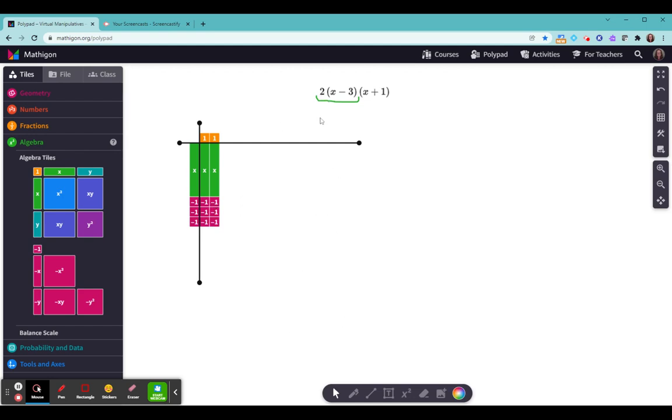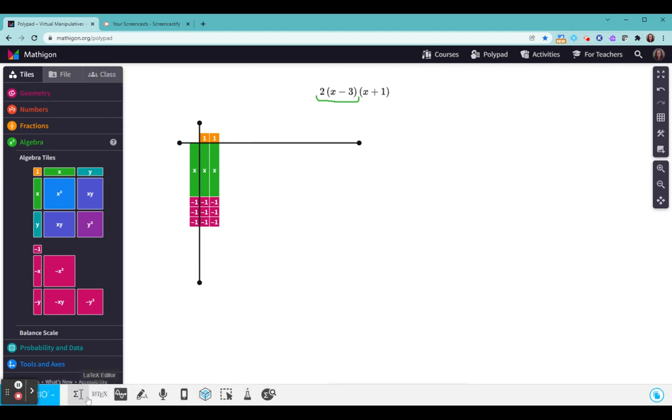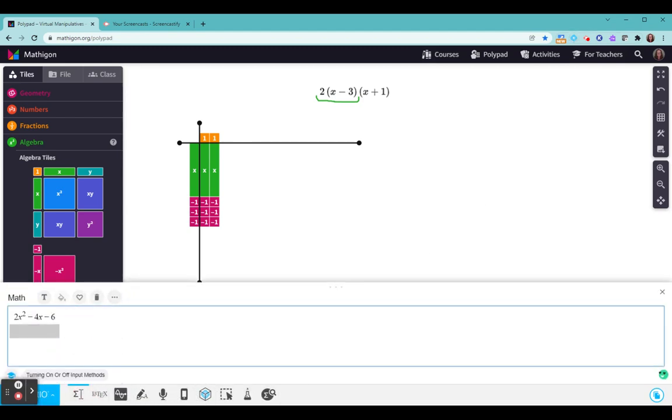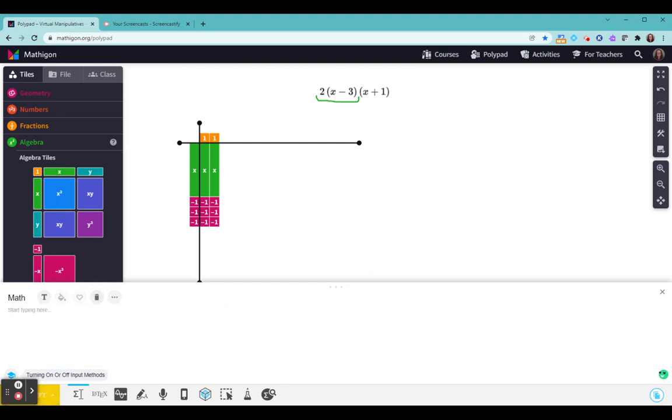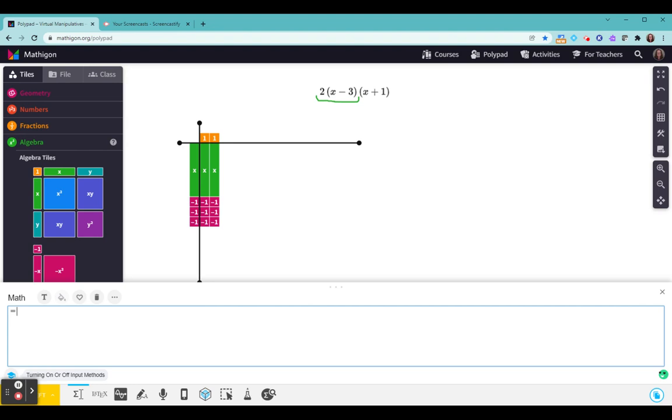So 2 times x minus 3 is 2x minus 6. 2 times x is 2x. 2 times 3 is negative 6.